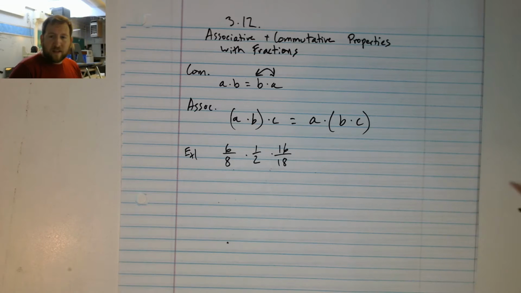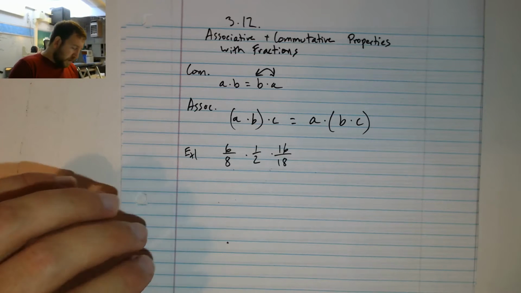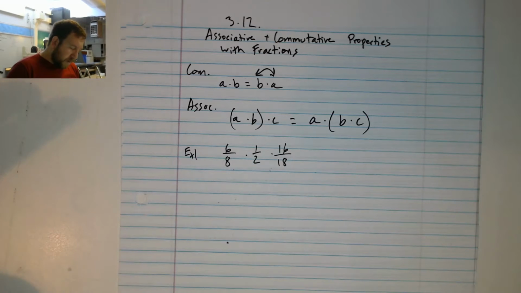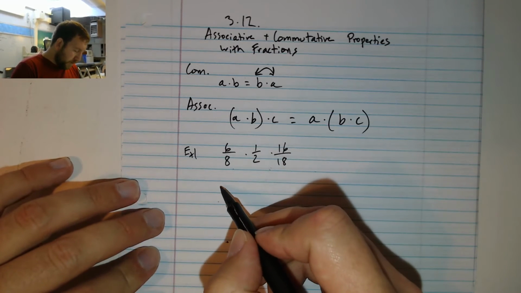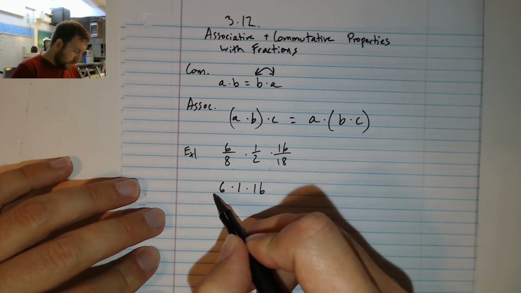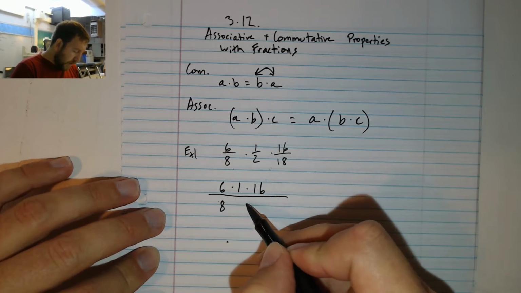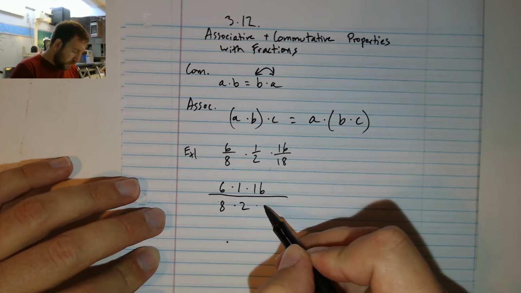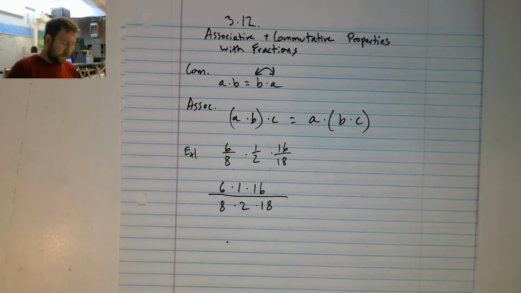So this I can rewrite as really like this. They're all kind of part of the same fraction almost. So I can rewrite it like this: 6 times 1 times 16 all over 8 times 2 times 18.